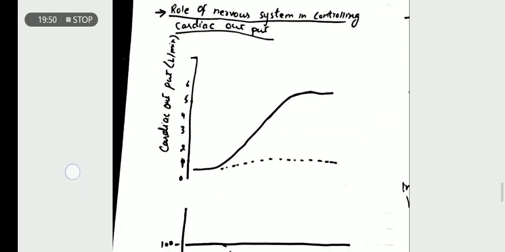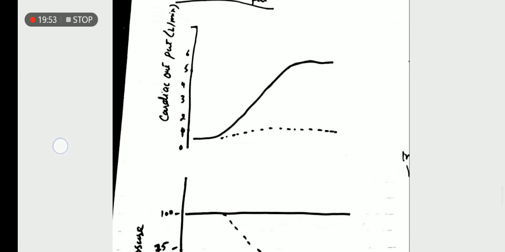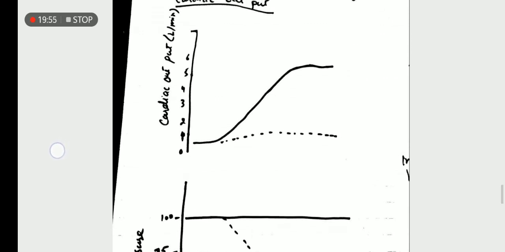Okay. When the nervous control or autonomic control is working, here you can see that arterial pressure is normal.